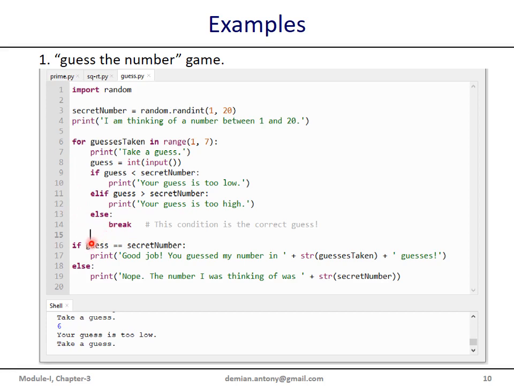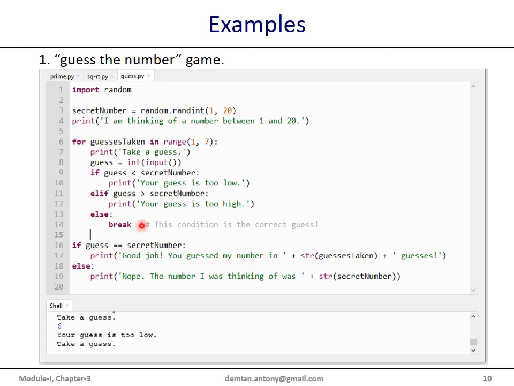And once this guess is equal to secret number, even in the instance of the loop termination, if guess is equal to secret number, we congratulate him with the message saying that you have guessed the number and the number is this.